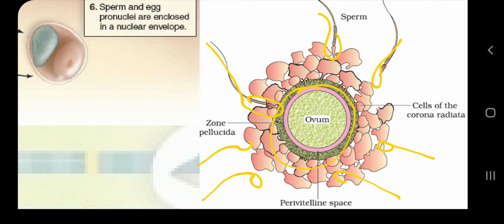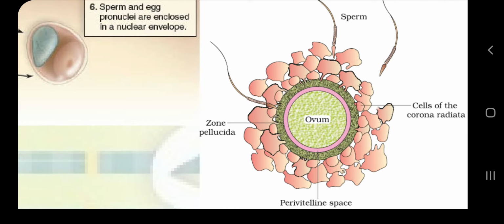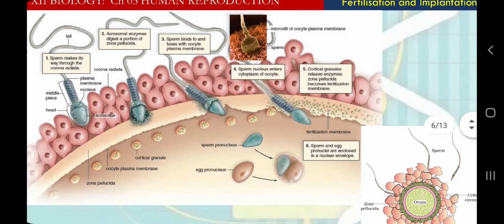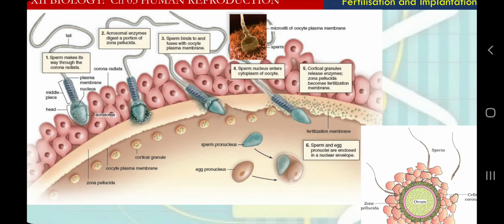That is why, if you have heard of the sperm count, in semen a certain level of sperms is necessary for successful reproduction. Although we know that we need only one sperm to fertilize one egg, yes, many sperms make some biochemical environment suitable for fertilization. Okay, very simple information.